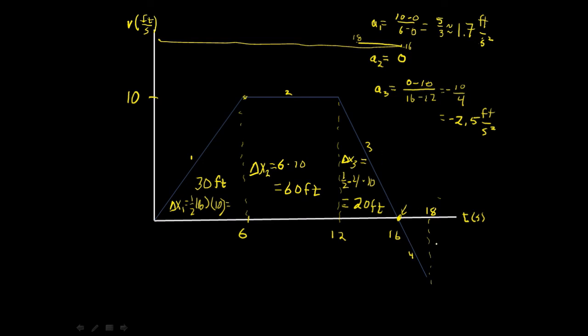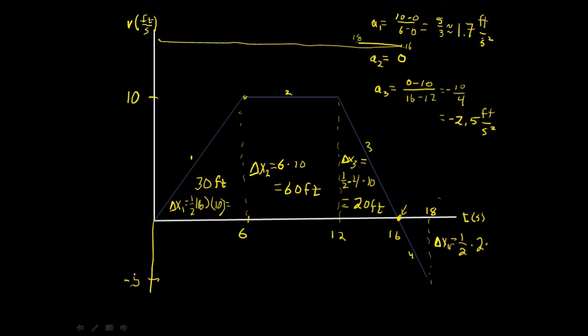Let's see what this final displacement is. This displacement, we'll call it displacement 4, is 1/2 times the base. The base goes from 16 to 18, so that's 2, times the height. What is that height? Well, I'm going to have to extend my axis down a little bit here, and we'll find that this height is going to be about -5.